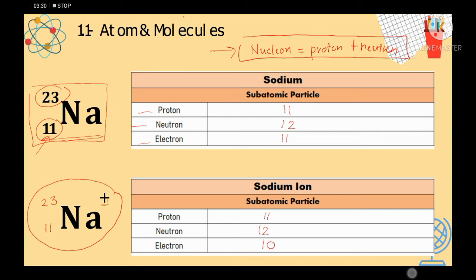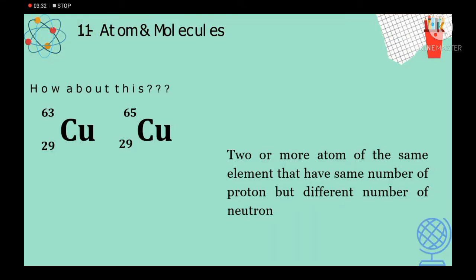Next, sometimes you are going to come across this case. For example, I have copper, Cu-63, 29. This means it has 29 proton and 63 nucleon. Am I right?